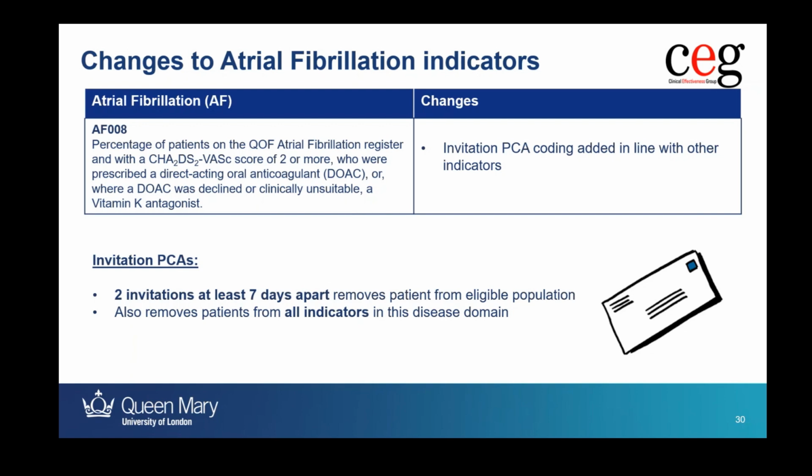So it's now in line with other indicators in QOF. Again, if you record 2 invitation codes at least 7 days apart, it will remove the patient from the eligible population, and this coding will also remove the patient from all indicators for the AF domain. Next slide, please.